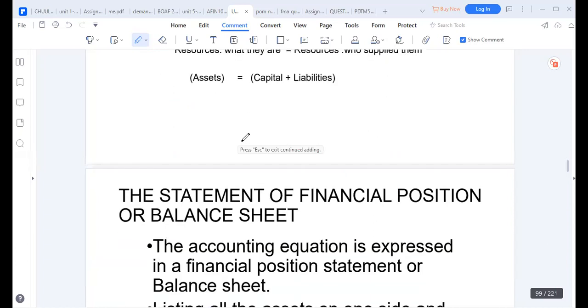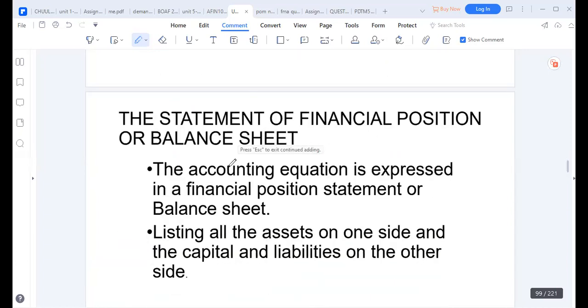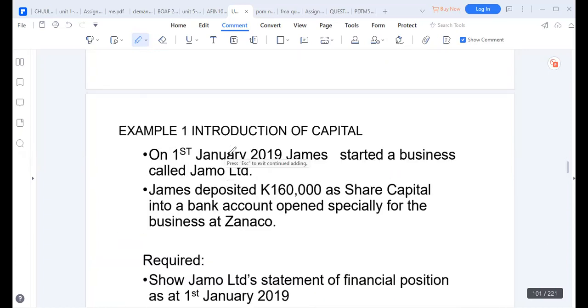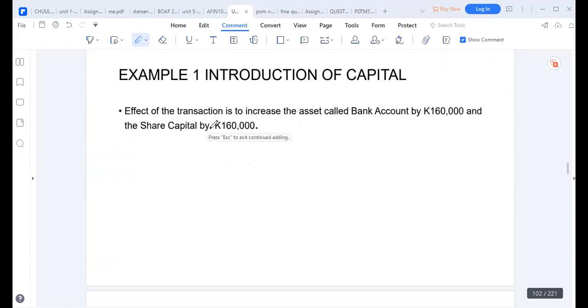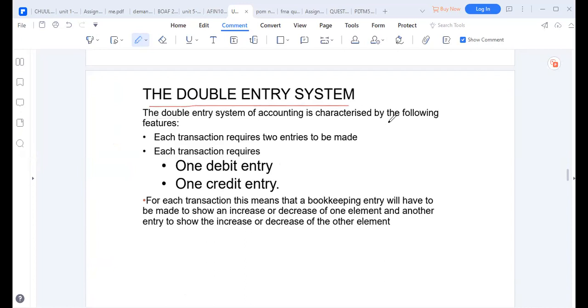Now, I want us to identify transactions that can be produced using the PAIRS. Let me look at the double entry. The double entry system in accounting simply asserts that each transaction must have two entries.